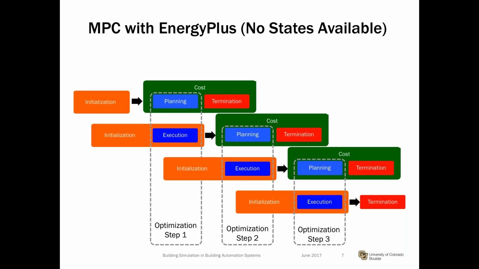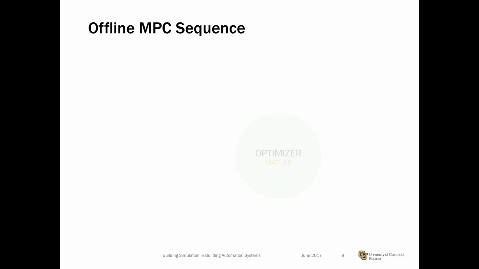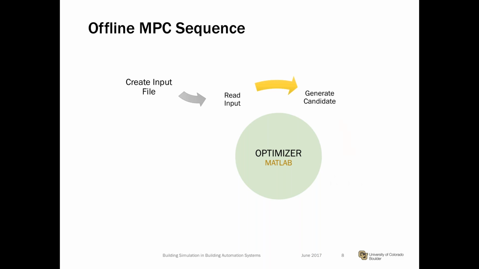So that is a process that we have implemented utilizing a MATLAB-based optimization environment. In this optimization environment, we create an input file, and that input file is read by the optimizer. The optimizer then creates a candidate vector of decisions.